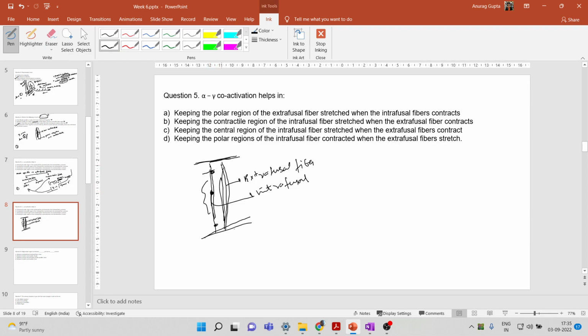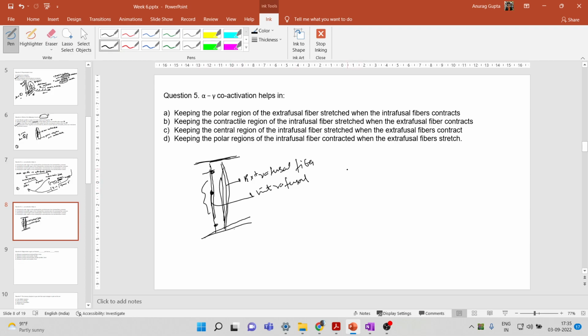So whenever any external stretching happens, this is immediately sensitive to it at all times. So that is the functioning of the gamma motor neurons.